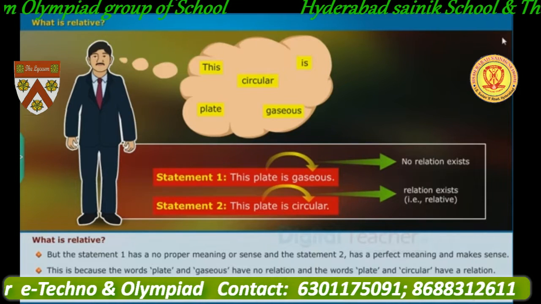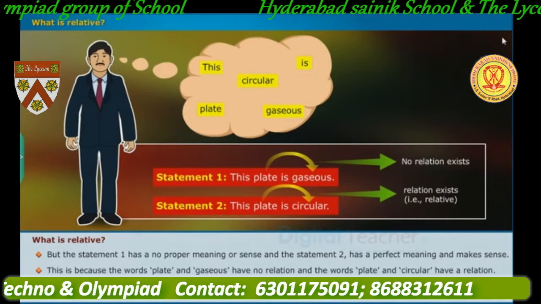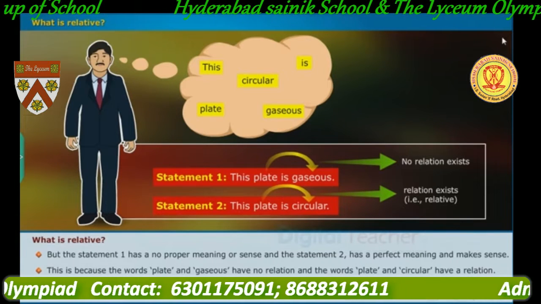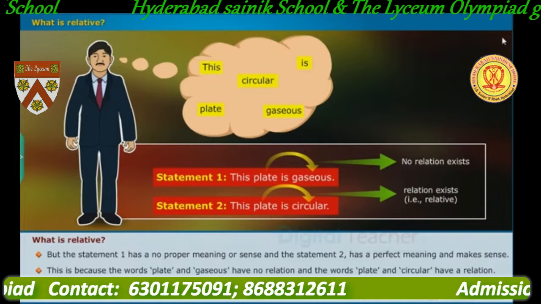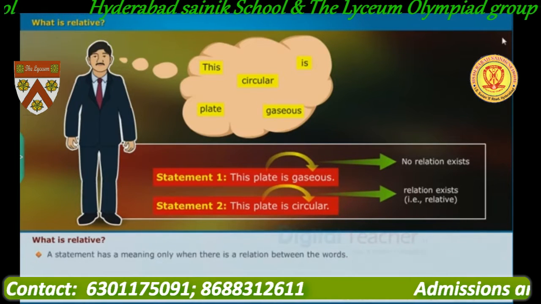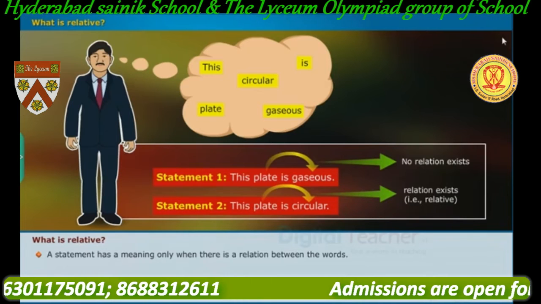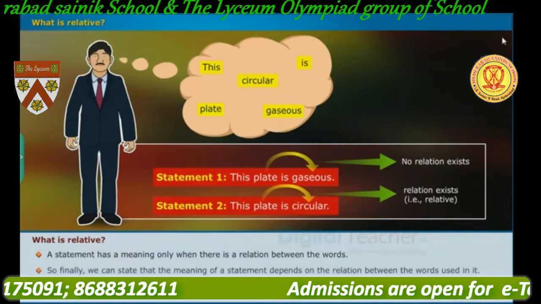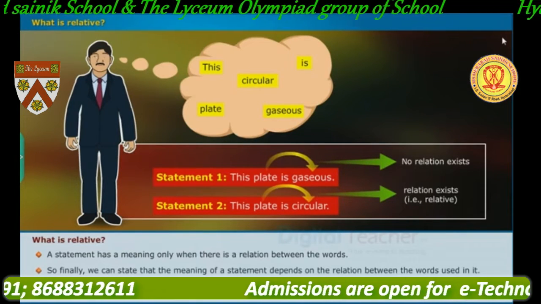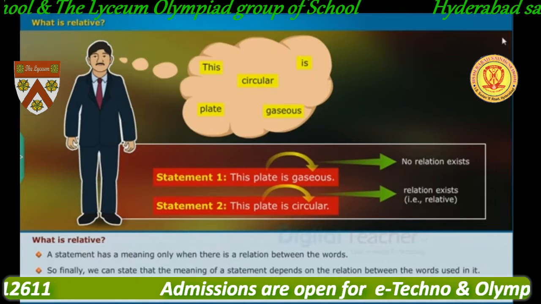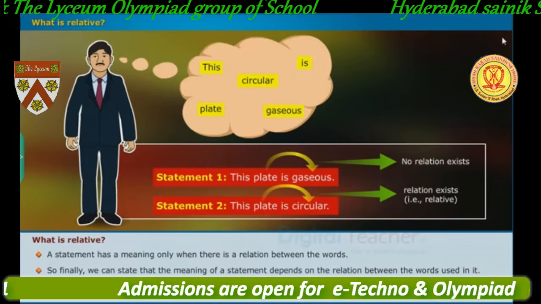That means relative to plate, the gaseous is not related, and relative to plate, the word circular is related. A statement has a meaning only when there is a relation between the words. So finally, we can state that the meaning of a statement depends on the relation between the words used in it.